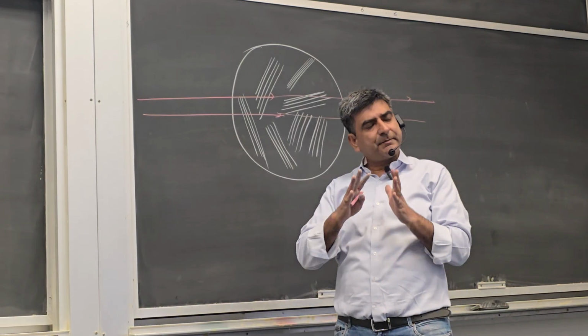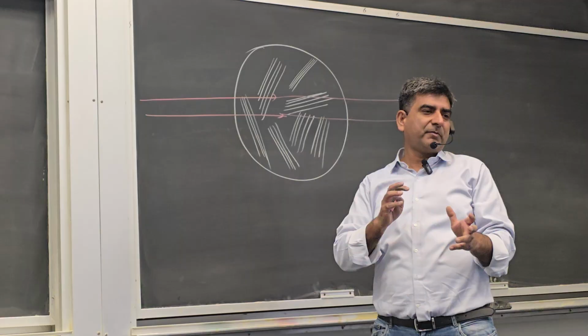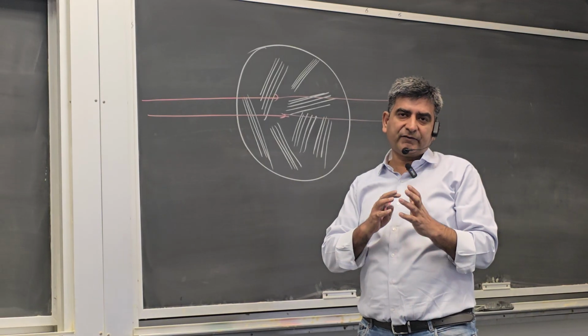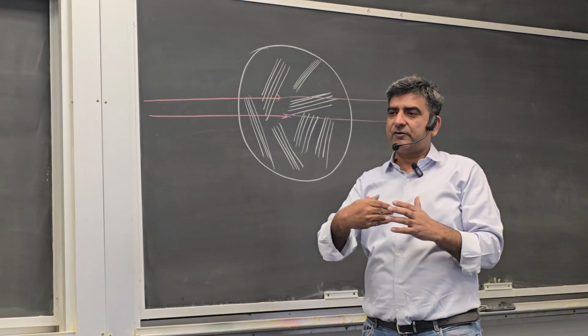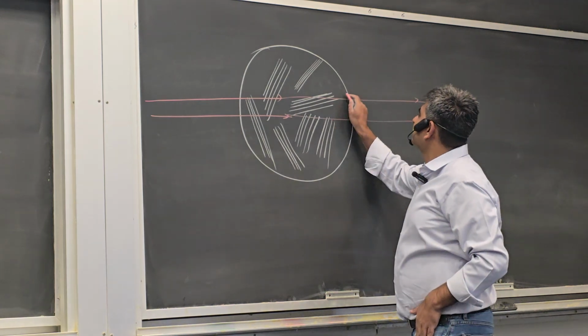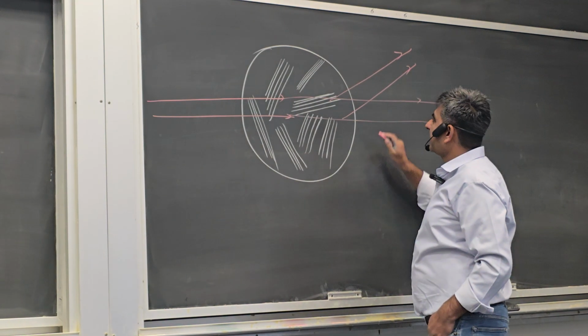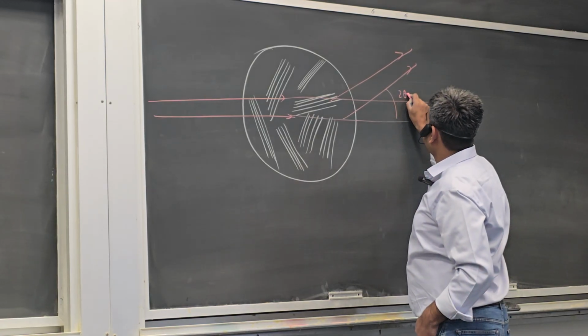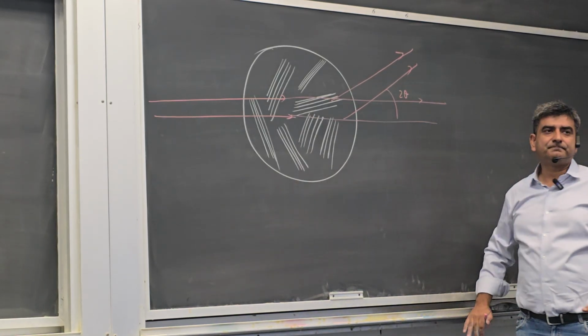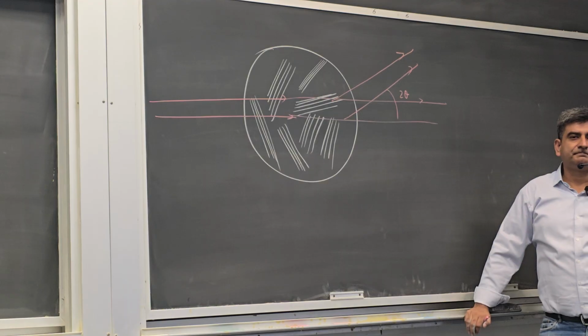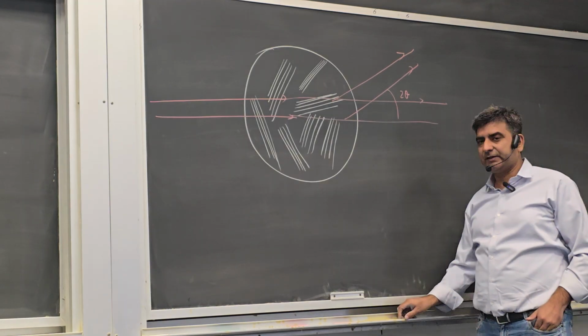So the lambda is fixed, so you get the right combination of the angle of incidence and a particular set of planes. In that case, you will get a scattered beam which is at an angle 2 theta, for some set of planes.